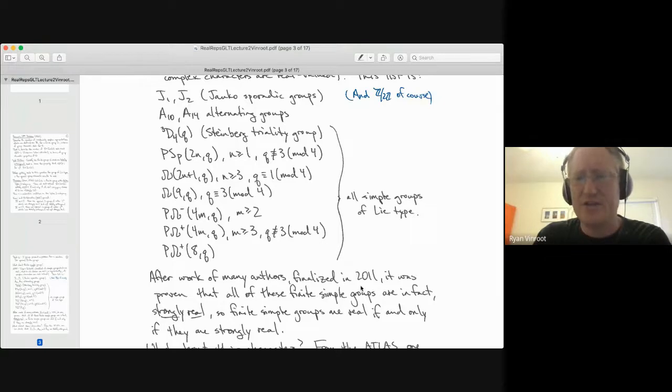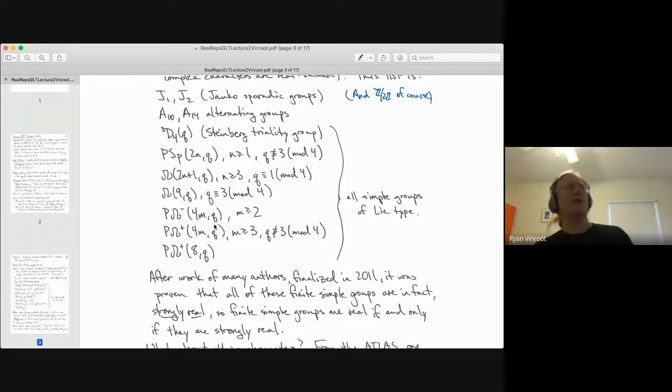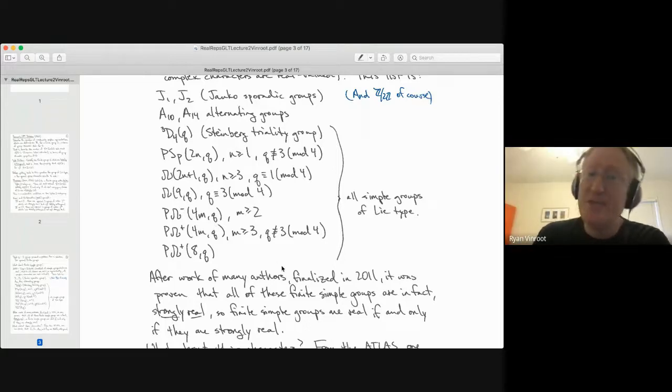I believe the last one that was covered was the case when q is a power of 2, and we look at P omega. Well, there's no P, there's no center when q is a power of 2. So omega plus or minus 4, m, q. So that was the last case proved by a Finnish mathematician. At any rate, every finite simple group is real if and only if it's strongly real.